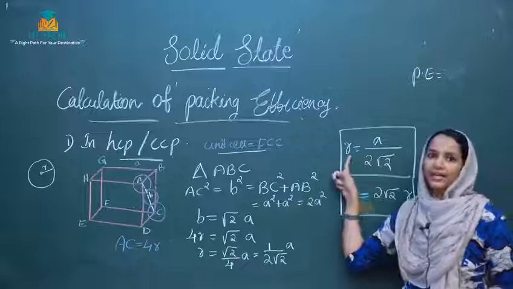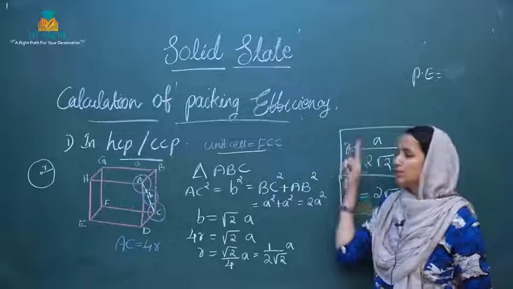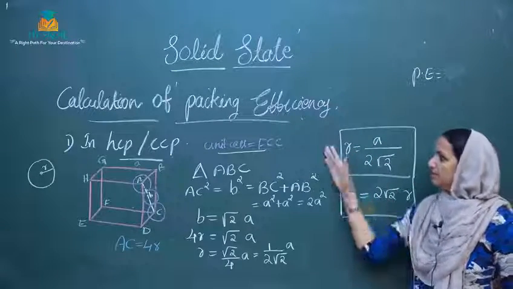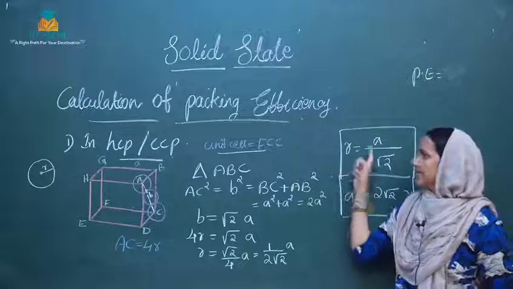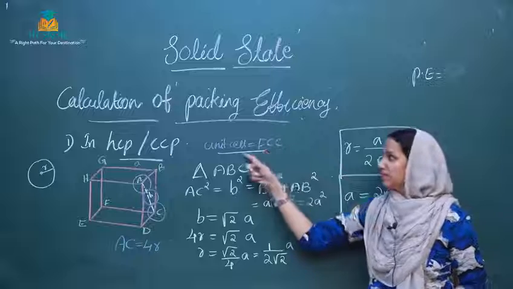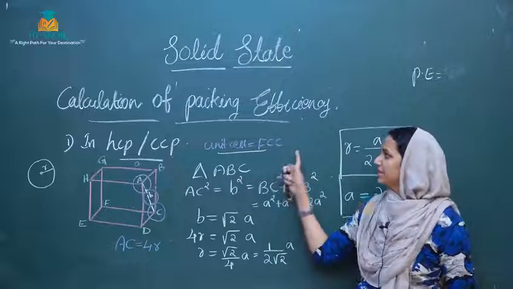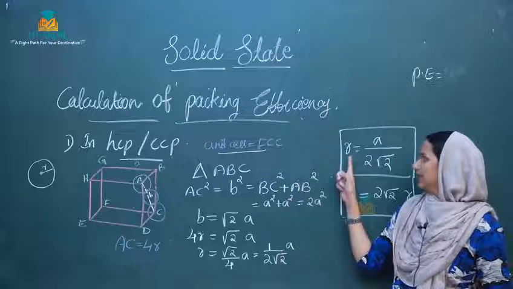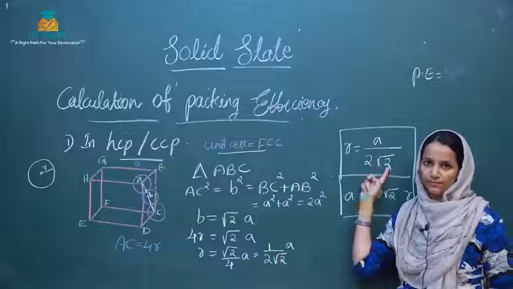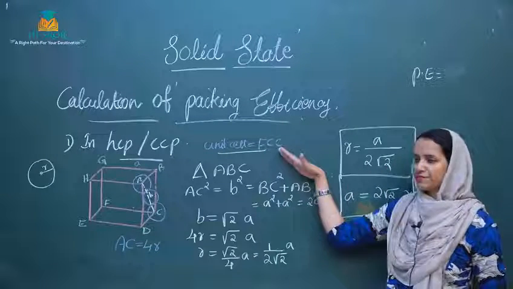So this is the relation connecting radius R and edge length A. Conversely, we can write A is equal to 2 root 2 R. So this is the relation connecting radius and edge length A for an FCC unit cell, face centered cubic unit cell. In FCC the relation connecting radius and A is R equal to A by 2 root 2. Okay, now we go for the packing efficiency in FCC.